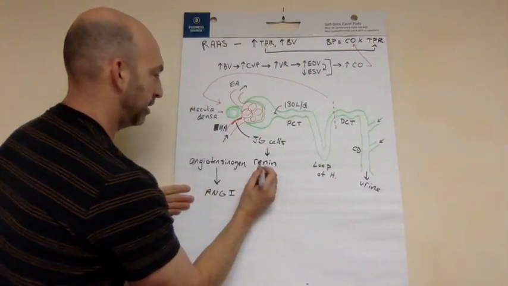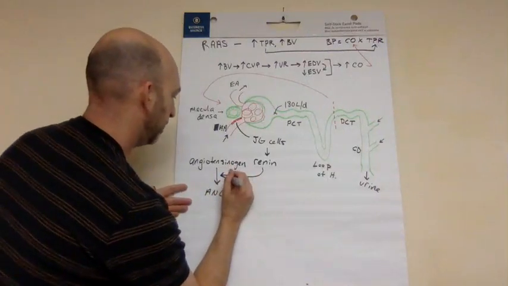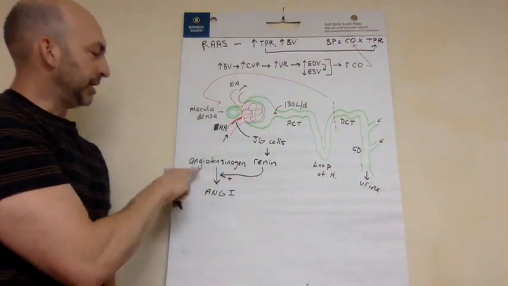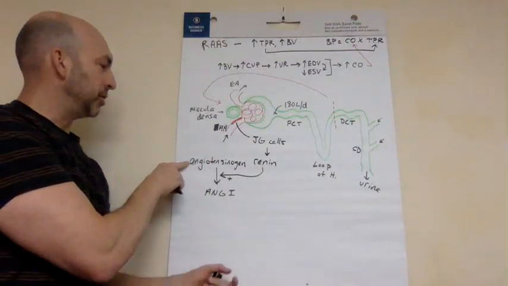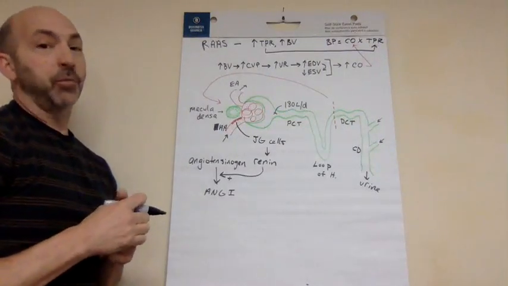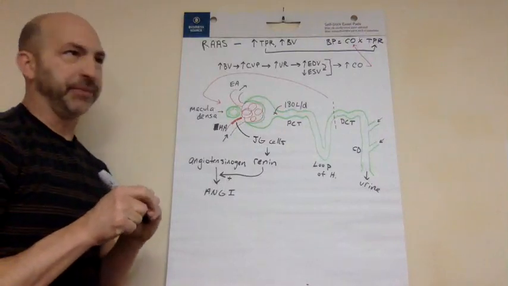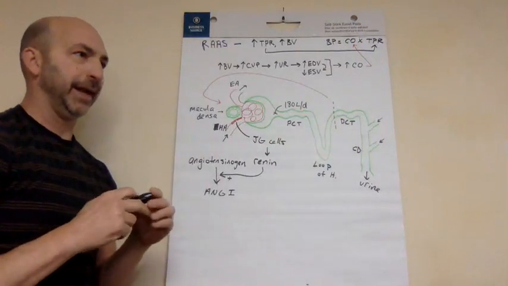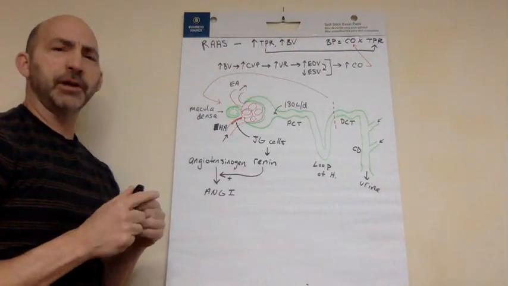So renin, right, put a plus sign on it, stimulates not a conversion, but a cleavage of the angiotensinogen to release angiotensin 1. Angiotensin 1 is largely inactive. I mean, there are a lot of studies that show that it does some things here and there, experimentally, but most of them are not thought to be physiological.